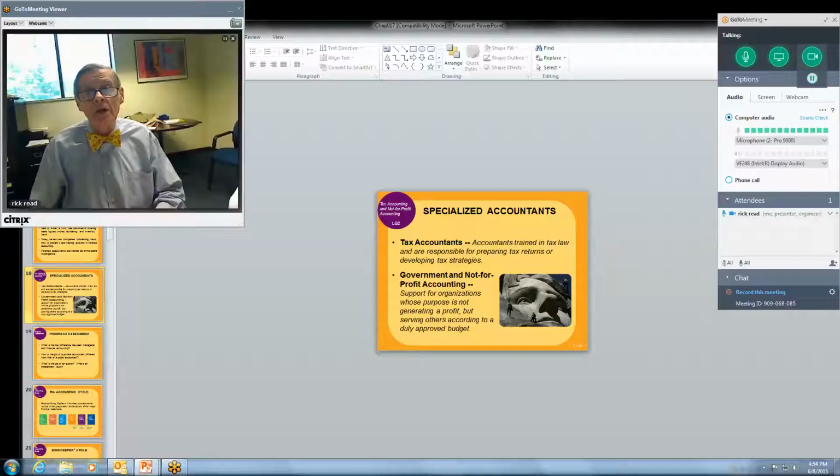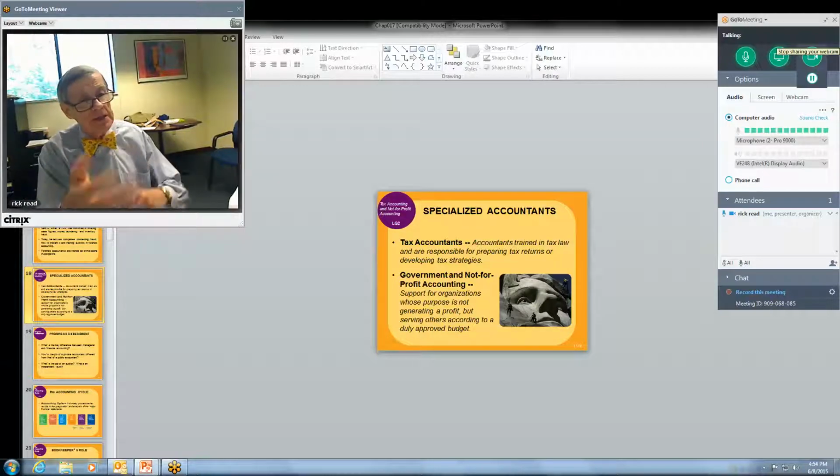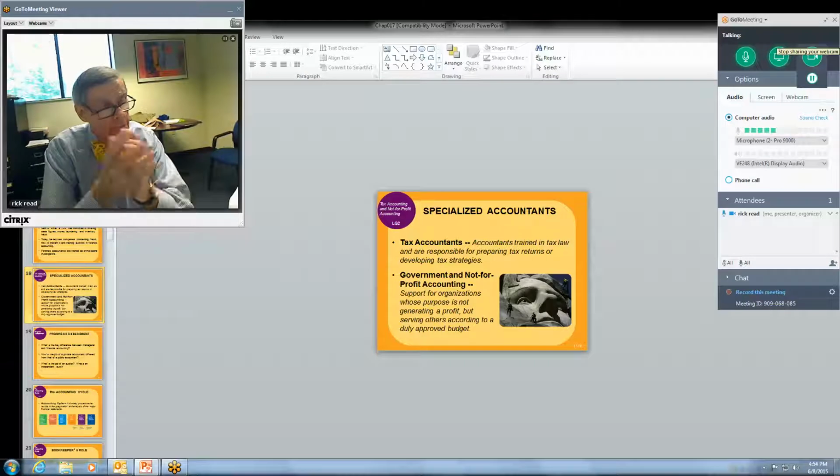Now, there are specialized accountants. Notice here we have people who are tax accountants. Those people we normally see around the tax filing season from January to the middle of April each year. And then we have government and not-for-profit accounting, because these organizations are not in the business to make a profit.